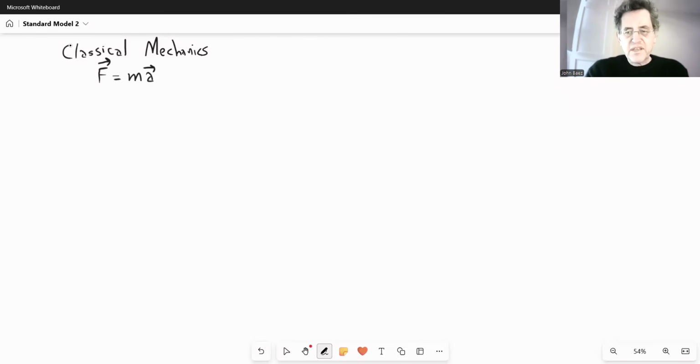Force and acceleration are vectors. They have not only a magnitude, but they point in some direction, so we draw a little arrow on them. And we use this equation to figure out the acceleration that a particle feels if we put some force on it. Now, this subject was developed a lot after Newton, in particular by people like Lagrange and Hamilton, who developed deeper approaches to classical mechanics.